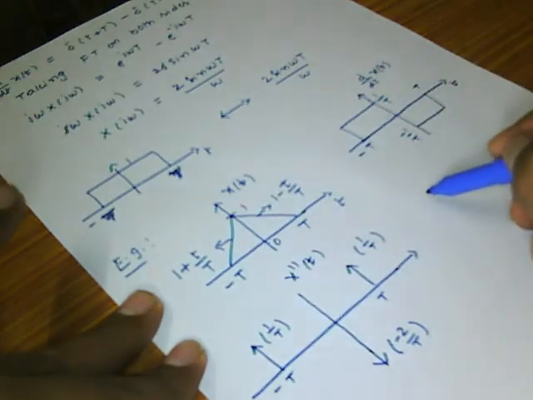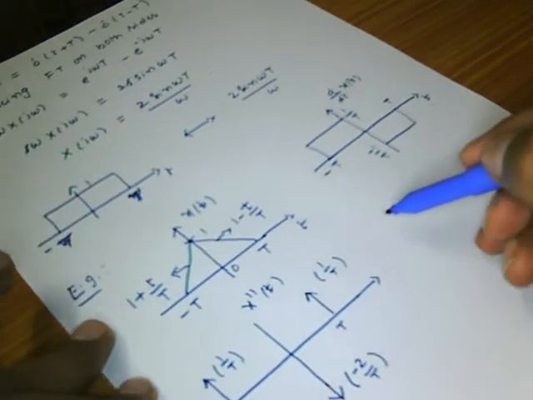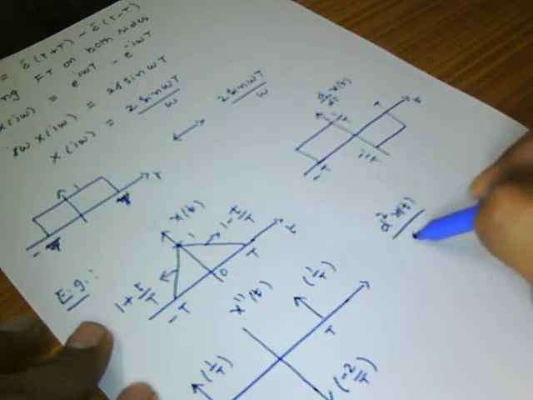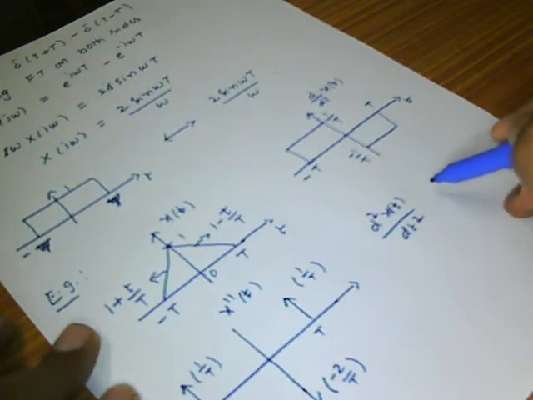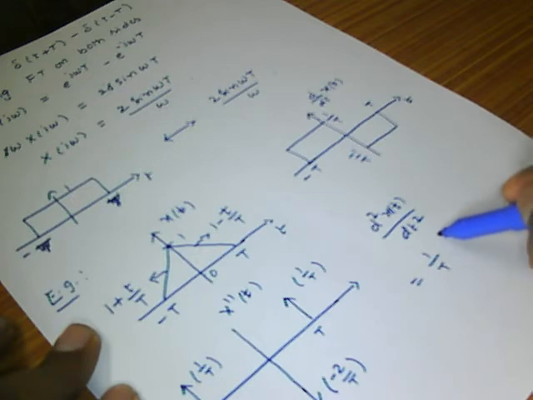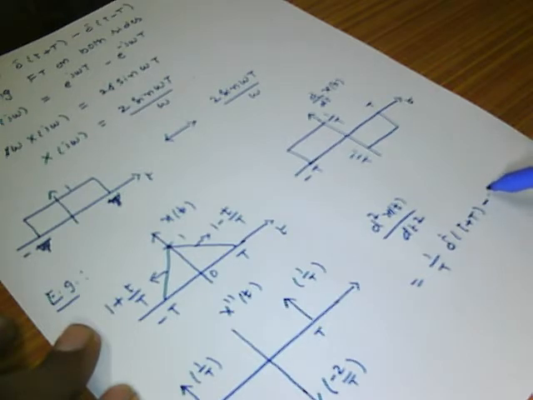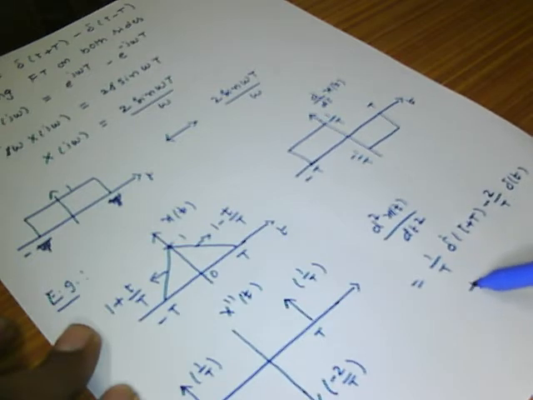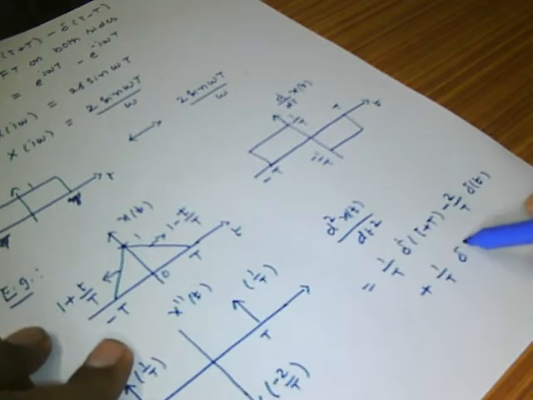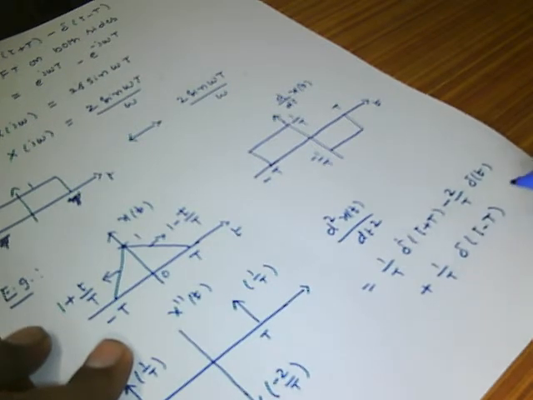So how do you write this mathematically? We can write d square x of t by dt square as 1 by T, let me write fully, delta of t plus capital T, minus 2 by T delta of t, plus 1 by T into delta of t minus capital T. So let us check that out.